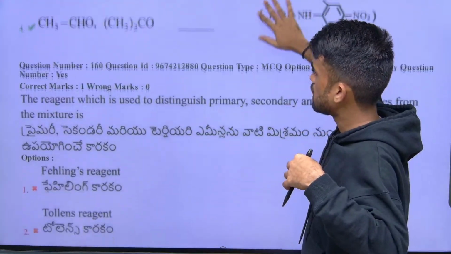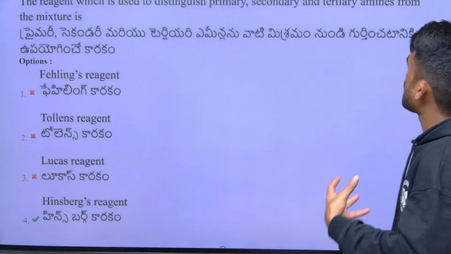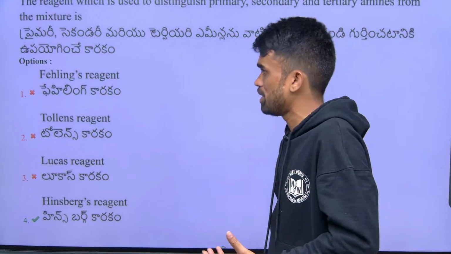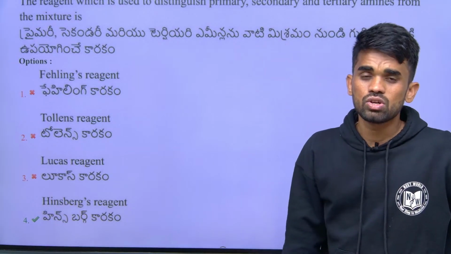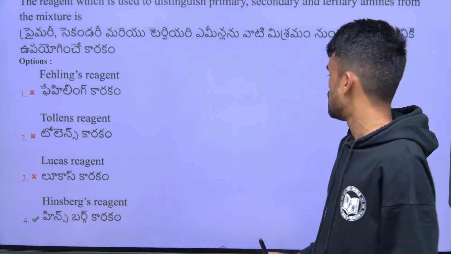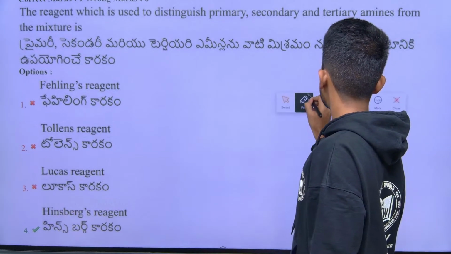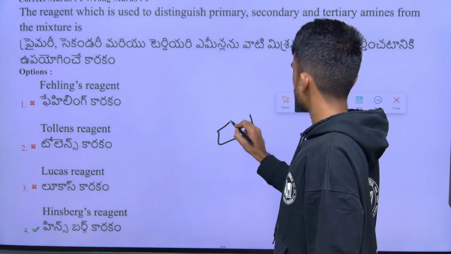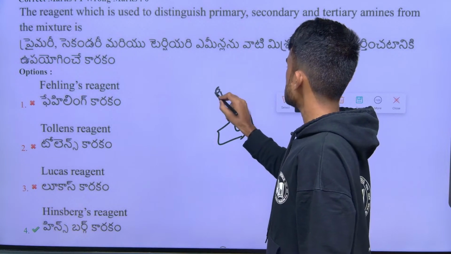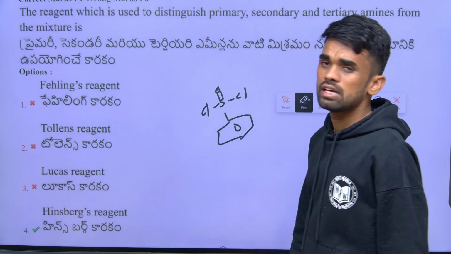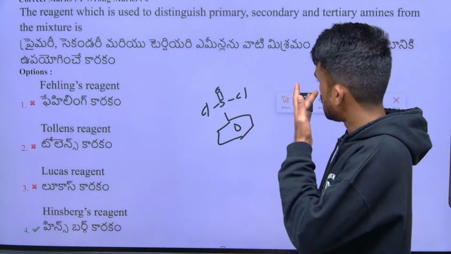Hope it is clear. Now the last question: the reagent used to distinguish primary, secondary, tertiary amines from a mixture. So which is the reagent? The Hinsberg test. Benzene sulfonyl chloride is used.